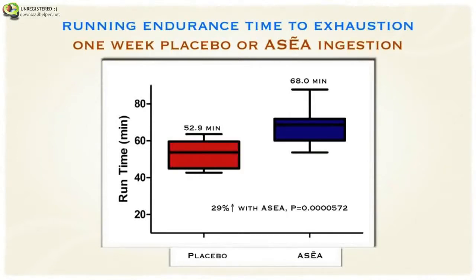After running on a treadmill to exhaustion, mice given ASEA showed a 29% better endurance than the placebo group. And this was an extremely excellent p-score of 0.0000572. Unequivocal difference.